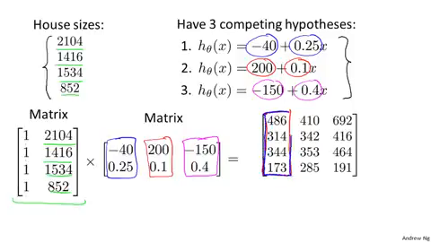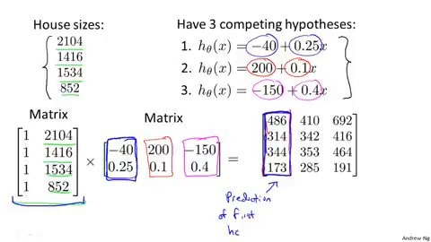Well, how do you get this first column? Our procedure for matrix-matrix multiplication is, the way you get this first column is you take this matrix and you multiply it by this first column. And we saw in the previous video that this is exactly the predicted housing prices of the first hypothesis here.